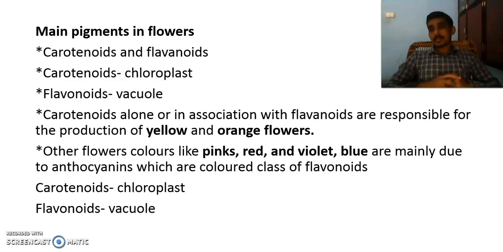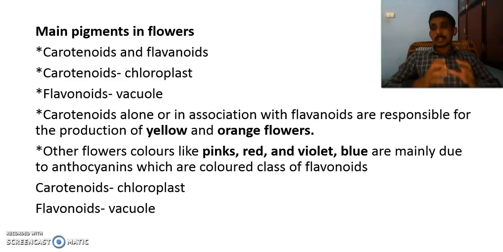Carotenoid is a group of pigments which include carotene and xanthophyll. Carotenoids are mainly located within the chloroplast, especially on the thylakoid membrane and the stroma lamella of the chloroplast. Whereas flavonoids are not situated within the chloroplast. Instead, they are situated within the vacuole of the plant cell.